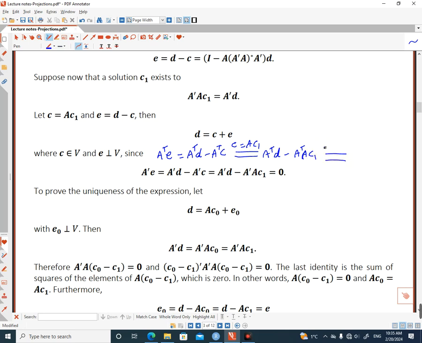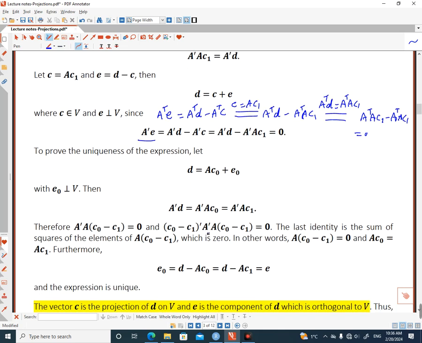And from the fact that A prime D is equal to A prime AC1, I can then write it as A prime AC1 minus A prime AC1 equal to 0. And in this way, we can understand that it is orthogonal, as we already had it.